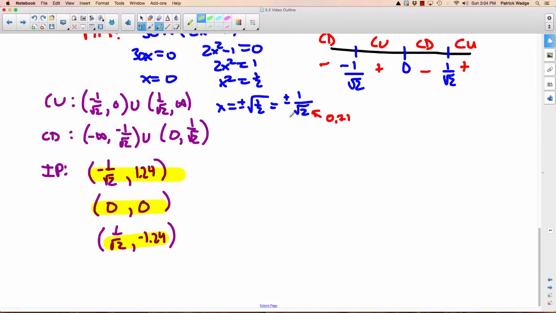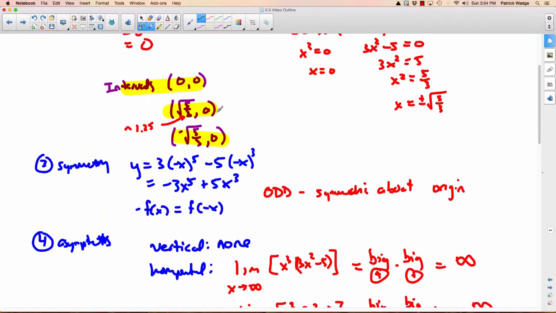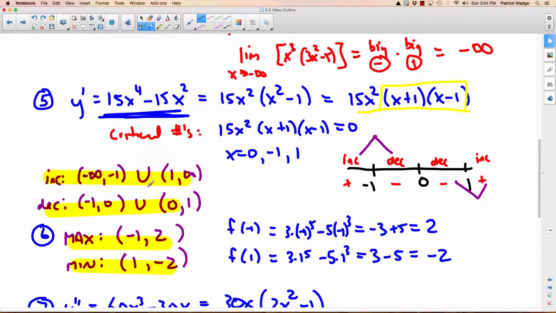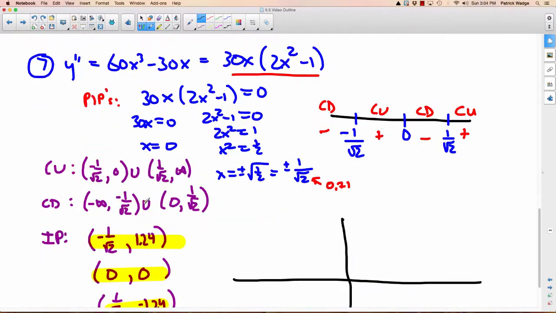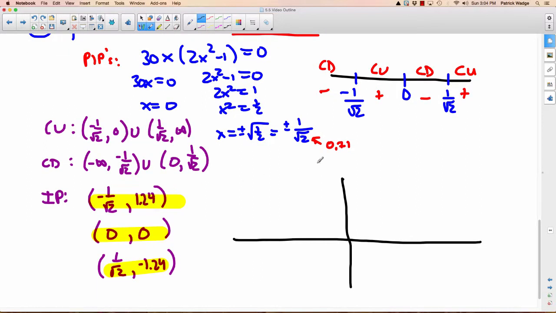Okay, we're now ready to graph this. I don't know if you have any room left. You probably ran out of room a long time ago, but we're going to try graphing this right here. If we look at some of the points we're interested in, we have 0, we have 1.25 and negative 1.25, we have negative 1, we have 1, we have 0.71. There's nothing really bigger than 1.5.